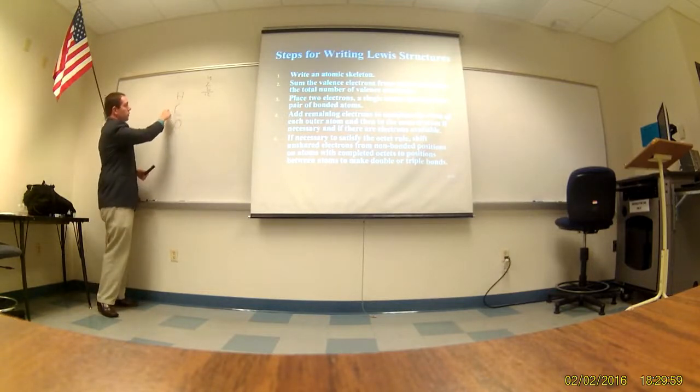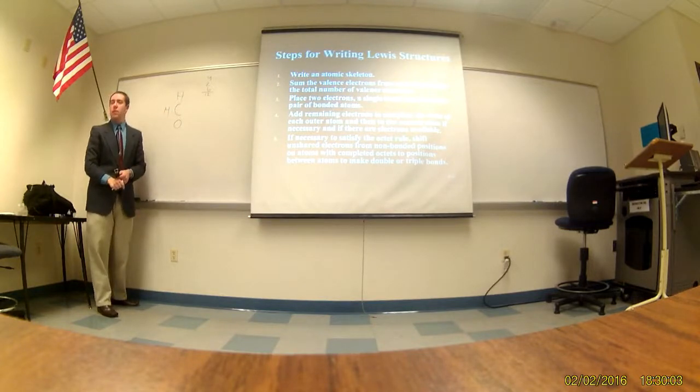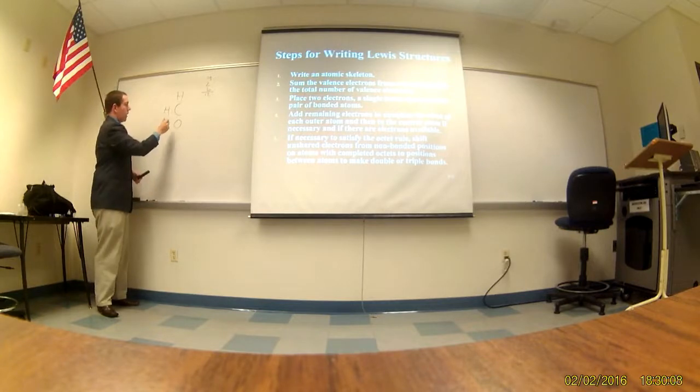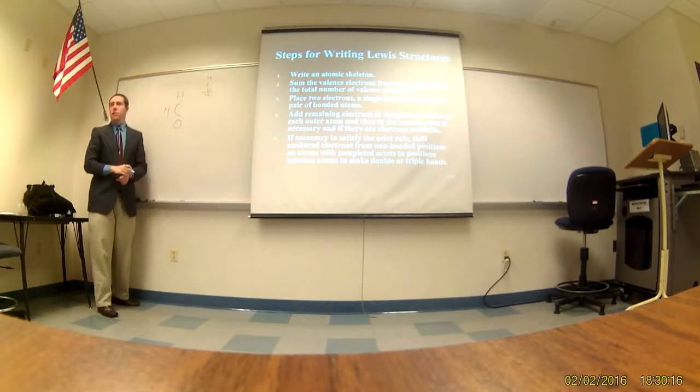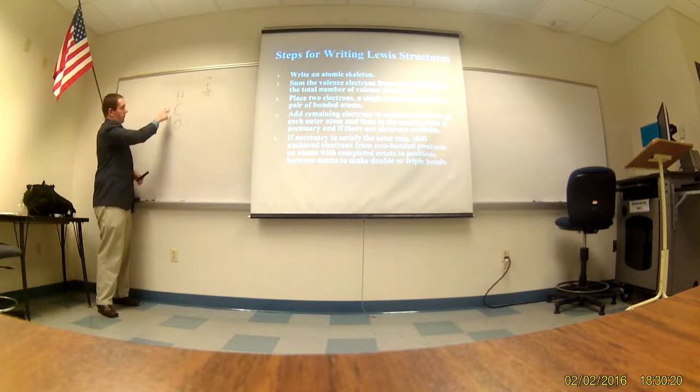So we have used 6 electrons. How many do we have left? 6. So I'm going to go 1, 2, 3, 4, 5, 6. I added them to the outside atoms to make them happy. Okay? So the hydrogen has 2, hydrogen has 2, oxygen has 8.